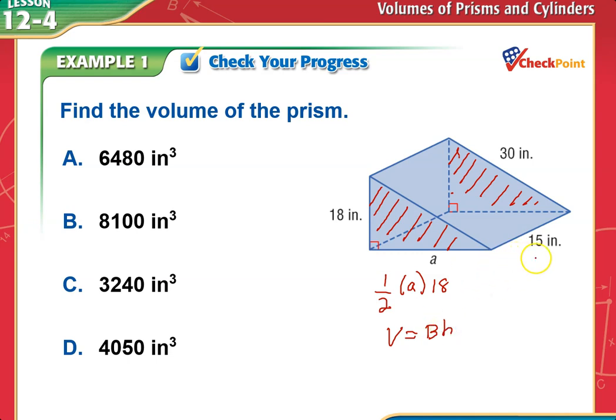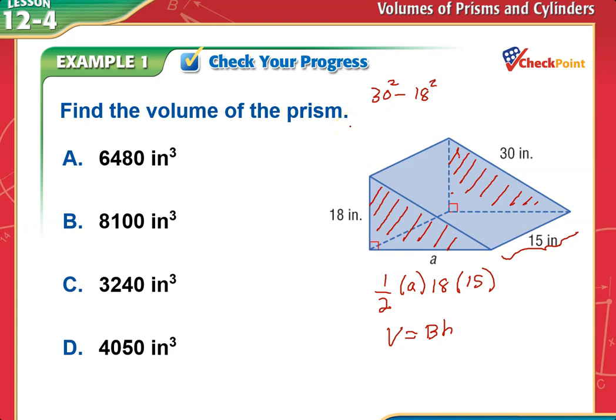Now remember, height doesn't have to mean going up. So this ends up being the height that we're going to use, or the depth, right, of that repetitive image, and that's going to be 15. So what's missing here is the A. But we do have, looks like a right triangle, conveniently, and so we could use the Pythagorean theorem to find A. So we're going to have 30 squared minus 18 squared.